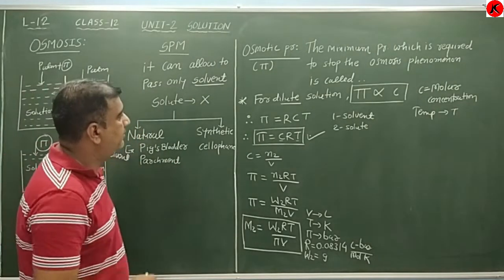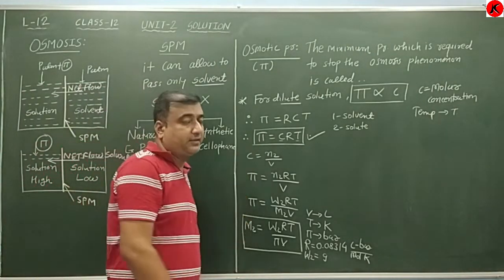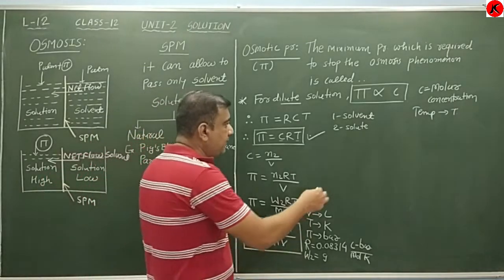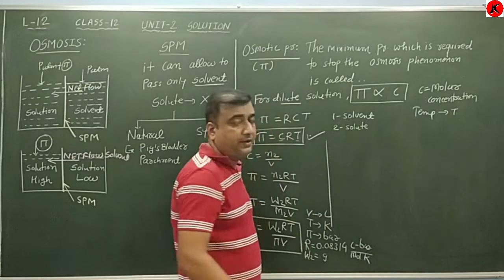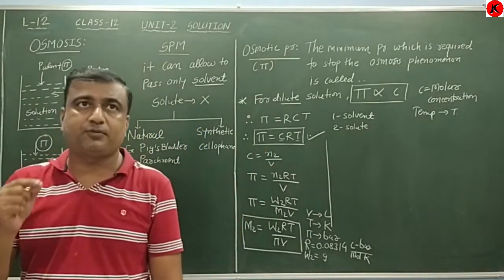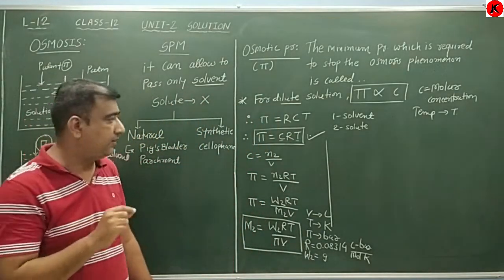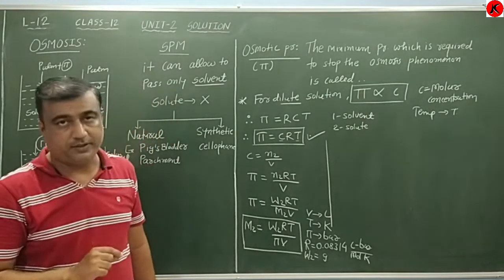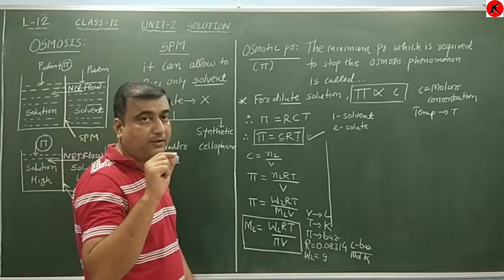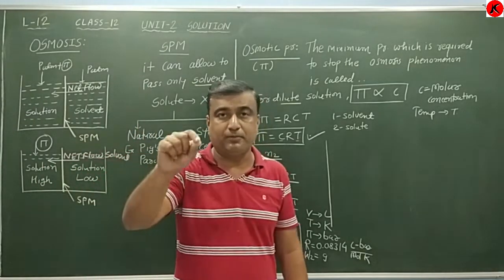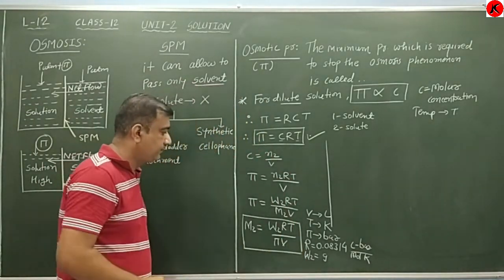Now again remember, osmotic pressure is a colligative property. Colligative property means it depends upon the number of solute particles present in a solution. It does not depend upon the nature, only upon the number of particles of solute present in solution.